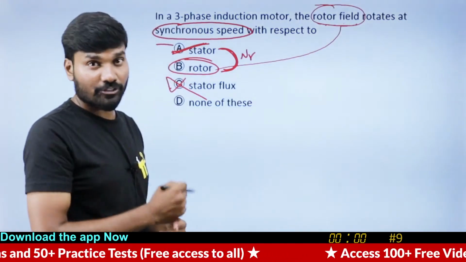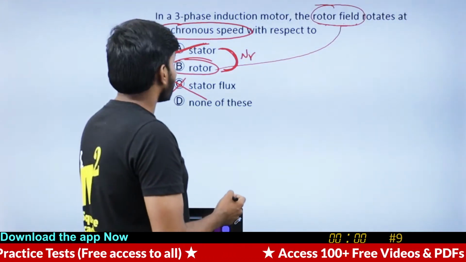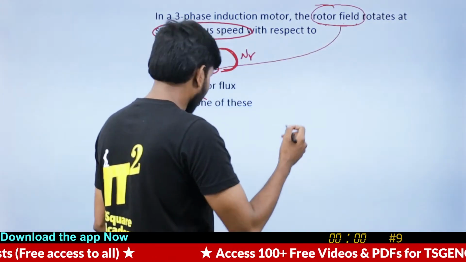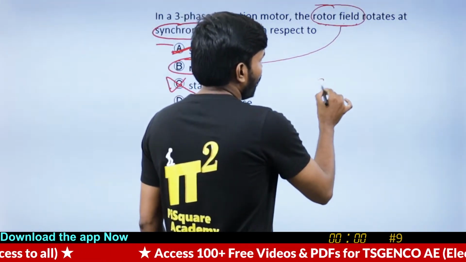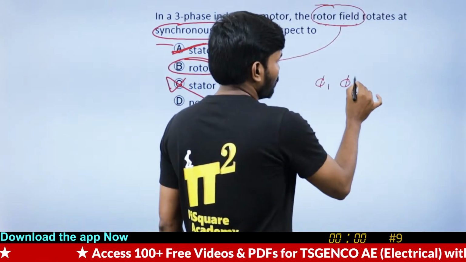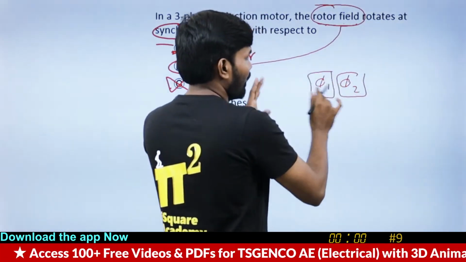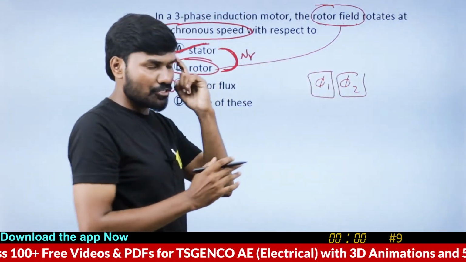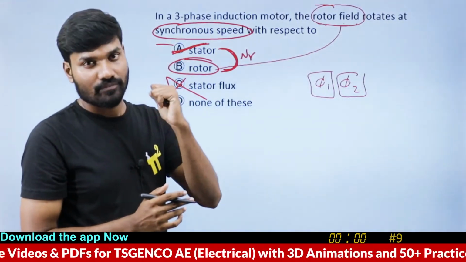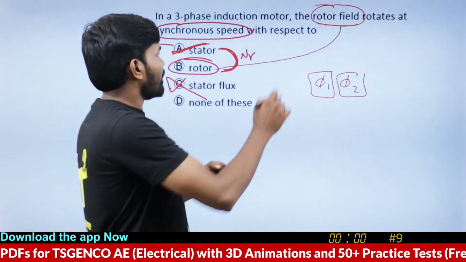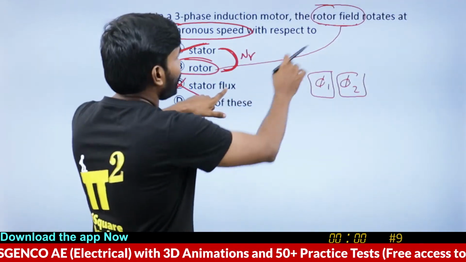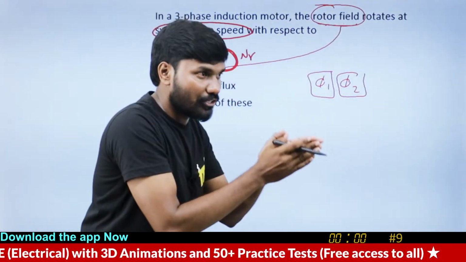I'm saying this for your sake. Both fluxes phi1, phi2, two fluxes must be present. They must be stationary to each other. Register that point in your brain. So these two fluxes, stator flux and rotor flux, must be stationary to each other.